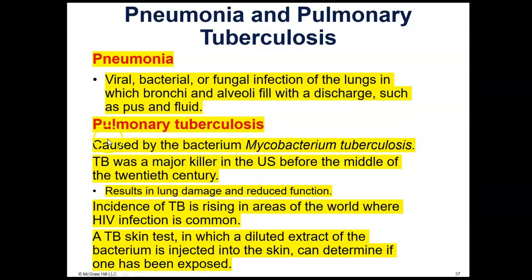There's also pulmonary tuberculosis, or TB. It is caused by a bacterial infection, Mycobacterium tuberculosis. Before the middle of the 20th century, so the 1800s, early 1900s, TB was a major killer in the United States.